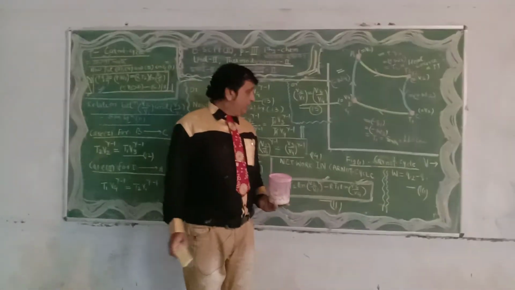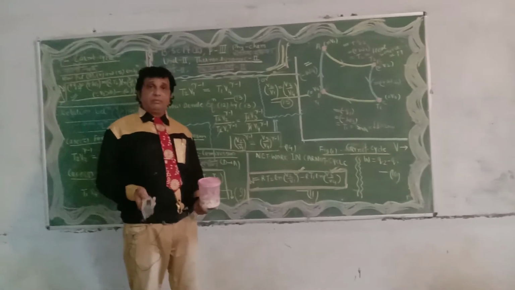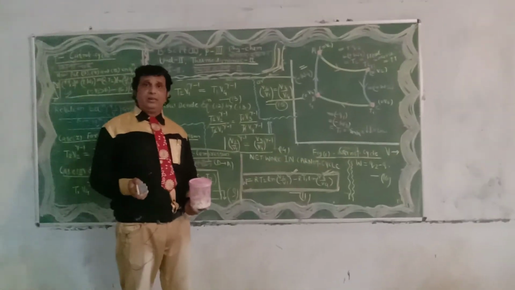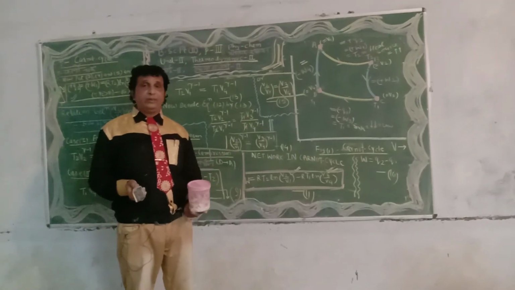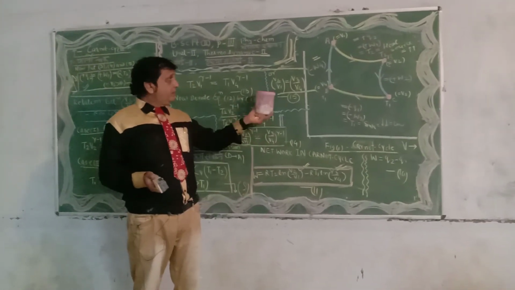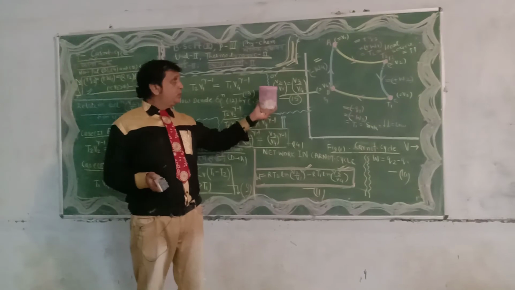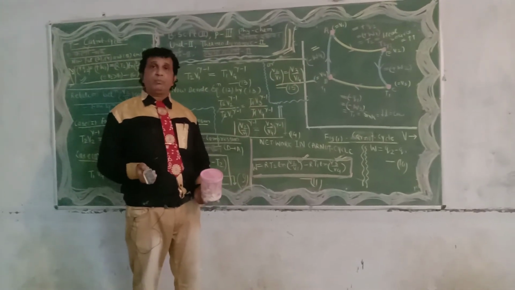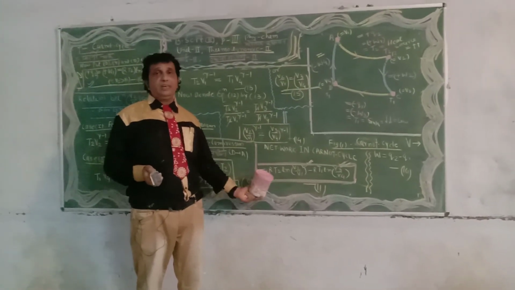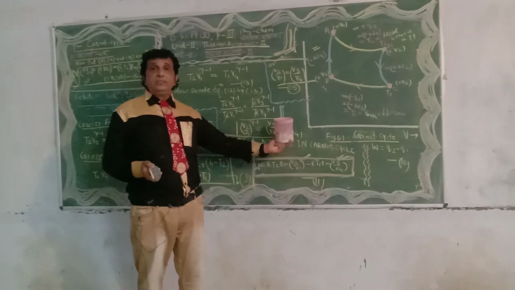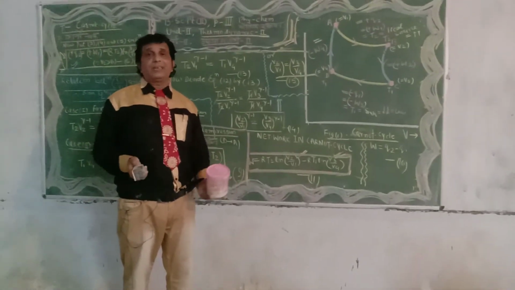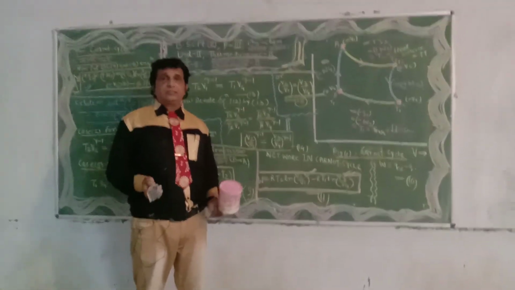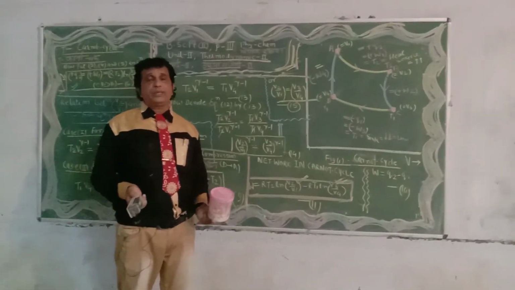Now, in the coming time, we will derive further and calculate the efficiency of the Carnot cycle. After substituting the value of V2 upon V1 by V3 upon V4, we will discuss the efficiency of the Carnot cycle in the classroom in the next lecture. Thank you very much.